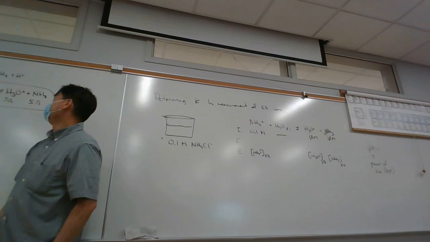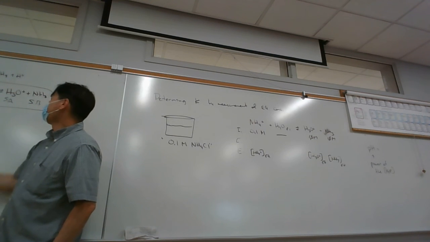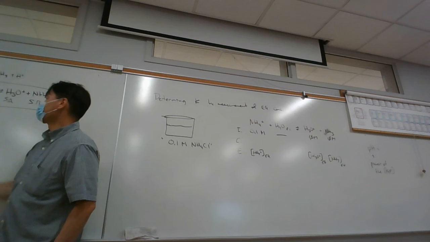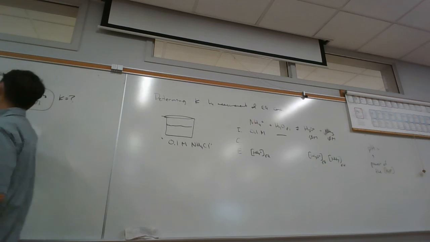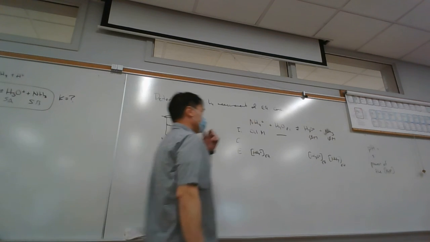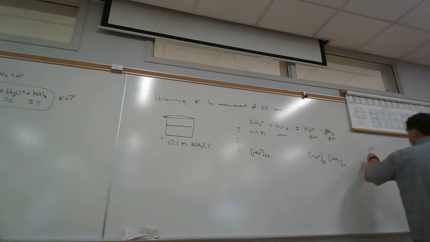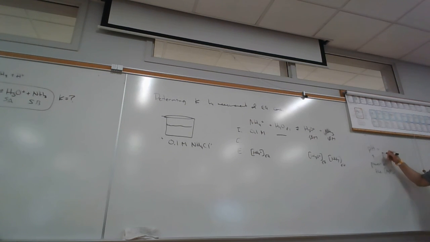And so when I do chemical reactions, I don't want to deal with hydronium. It's the extra step that I have to go out. H plus is not that. And if we take a measurement of the pH, so we just measure it experimentally, then we can calculate how much hydronium is there at equilibrium. So the pH is equal to the negative log of the hydronium concentration at equilibrium.